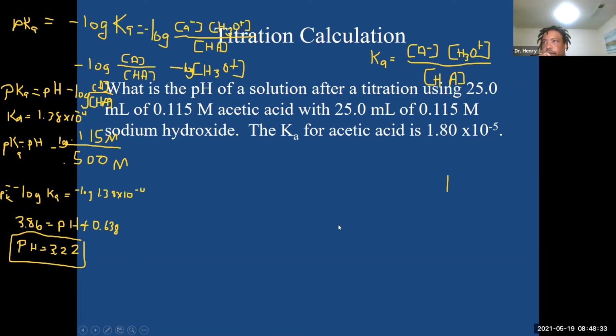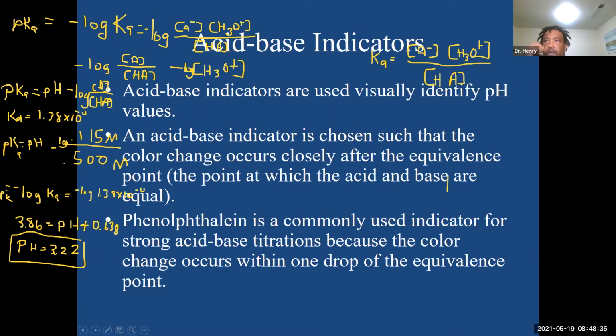I'm going to save that. The last thing that I want to talk to you about is acid-base indicators. I was trying to save this for that problem: you had a cabbage indicator. Cabbage indicators are supposed to change colors over different pHs.